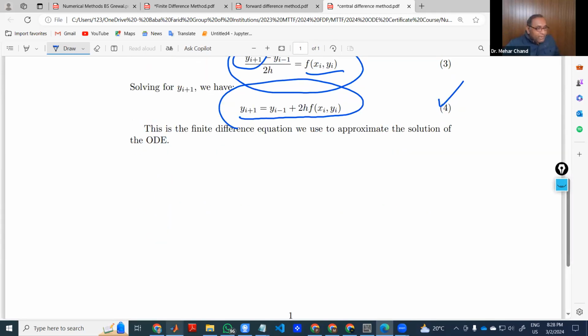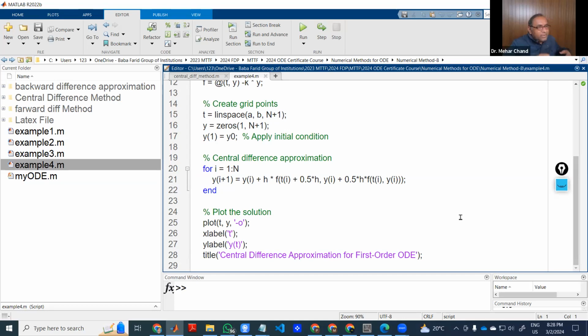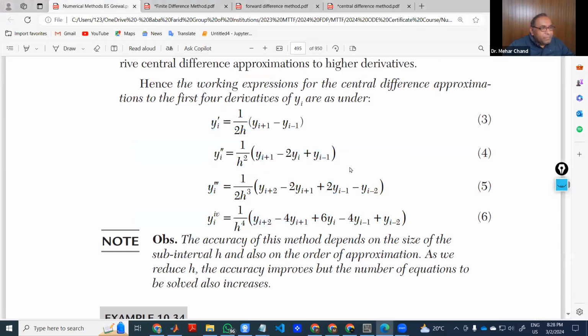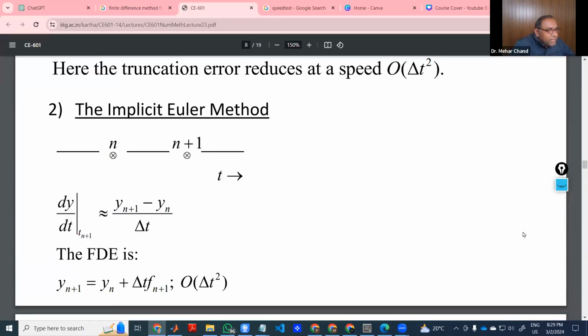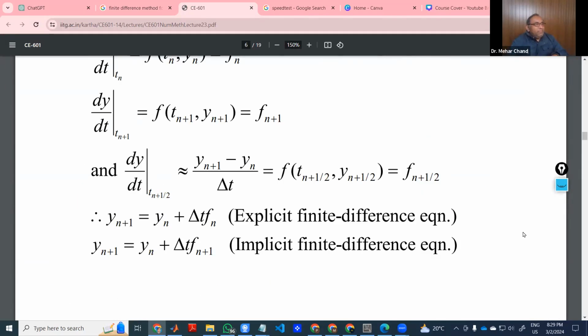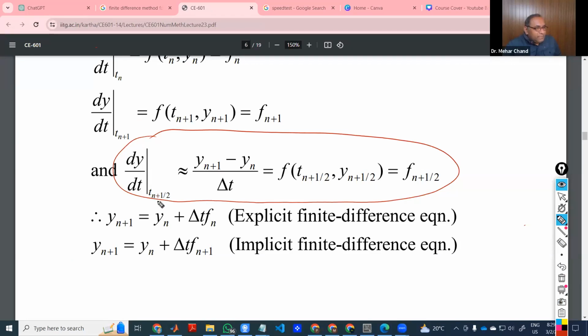Now come to MATLAB. In the case of central, the same central method can be expressed in this way. See this equation, this part: dy upon dt at tn plus 1 by 2 is approximately yn plus 1 minus yn upon delta t, equal to f at tn plus 1 by 2 and yn plus 1 by 2.